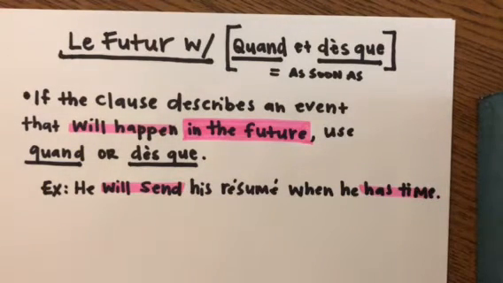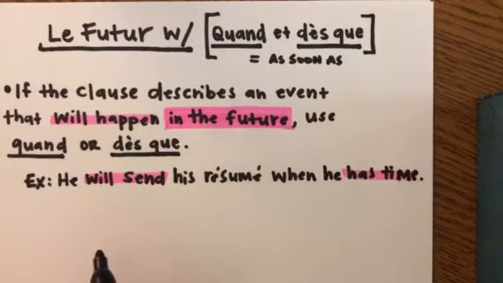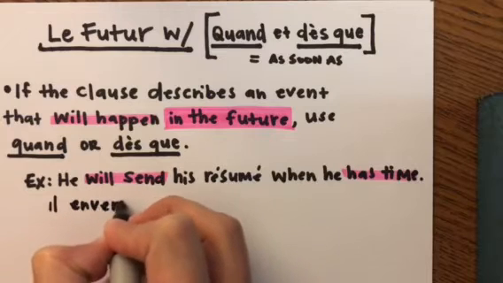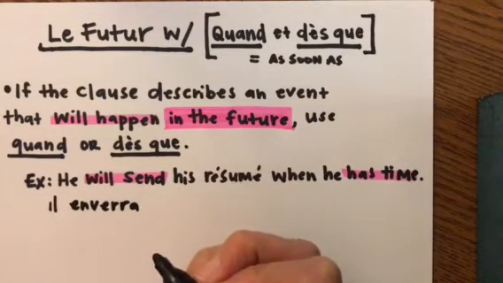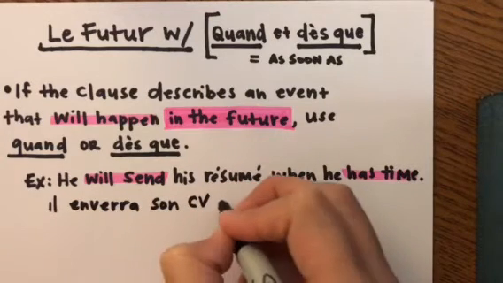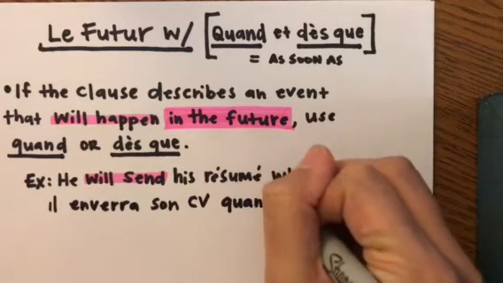All right, and now we have to decide, are we going to use quand or dès que? Well, what do you want to say? You want to say when, right? So he's going to send it when he has time. Then we're going to say il enverra son CV, it says résumé en français, quand il aura le temps.